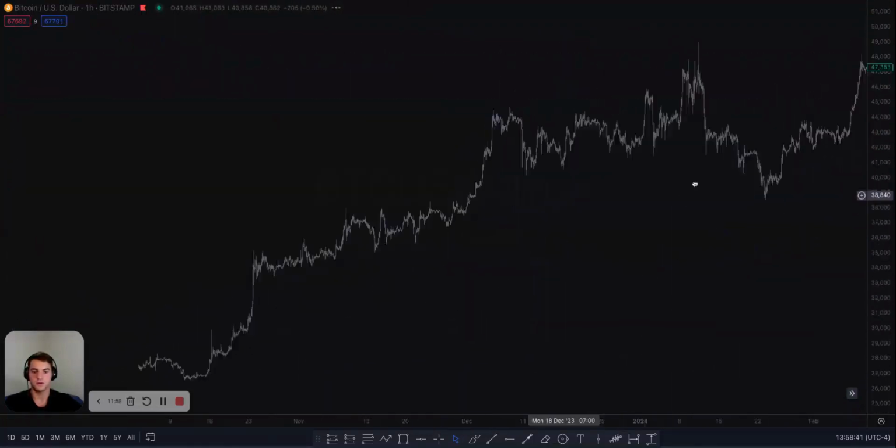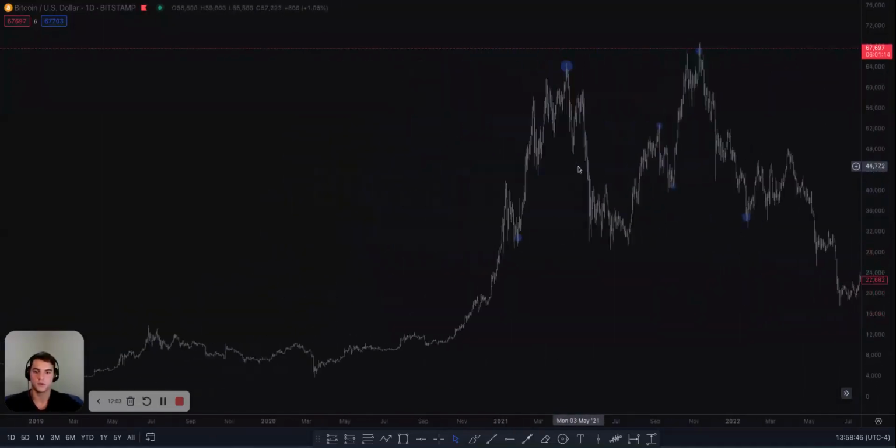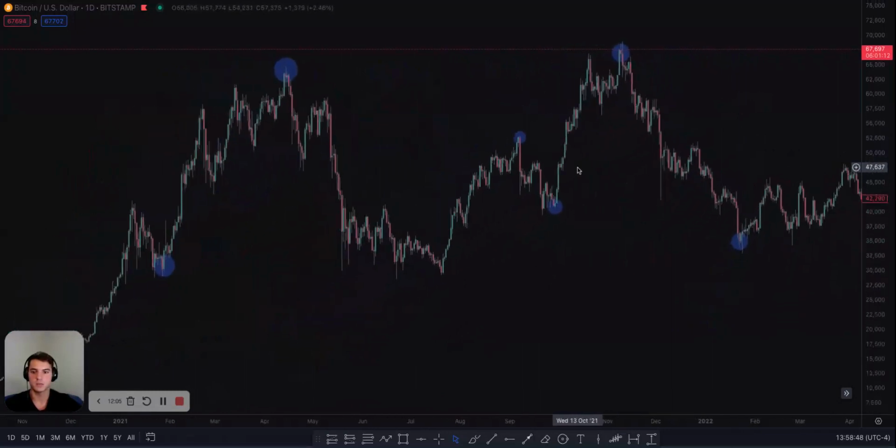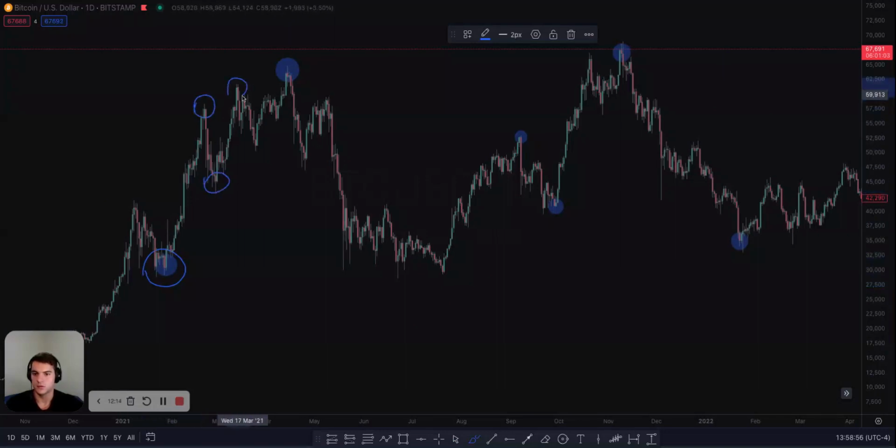let me find it, maybe if we go higher, daily time frame. All right, so here are 3 examples, right? Again, low, high, higher low, higher high, higher low, higher high. This is it. You are going up.